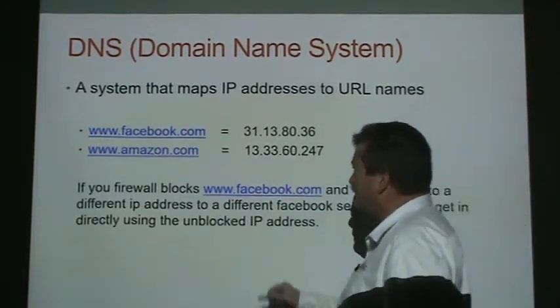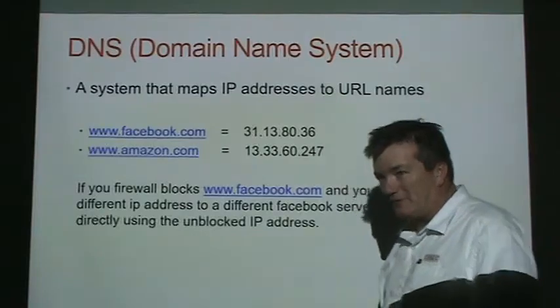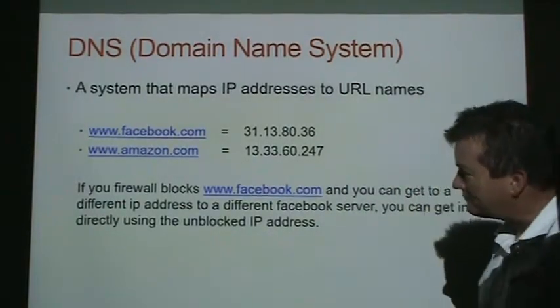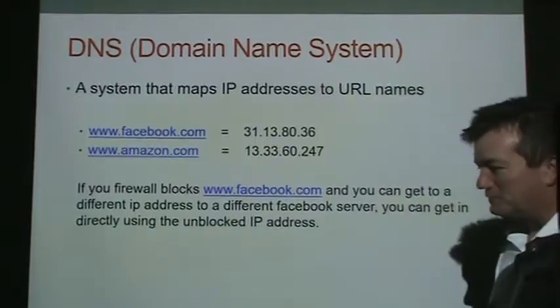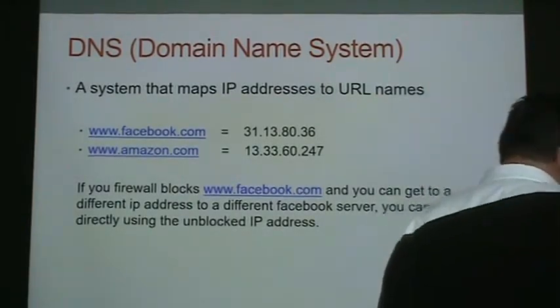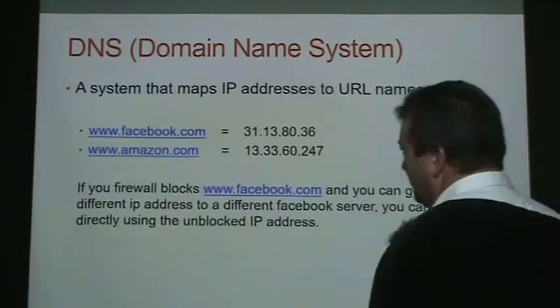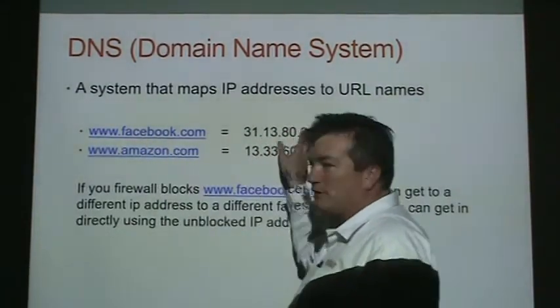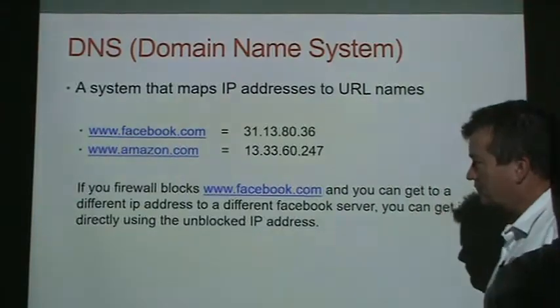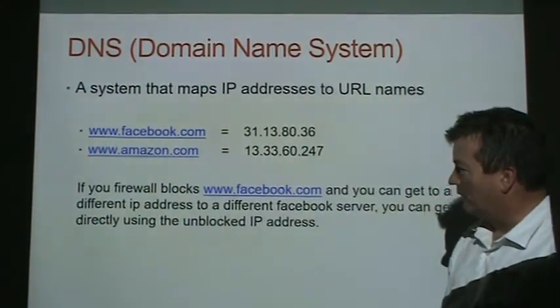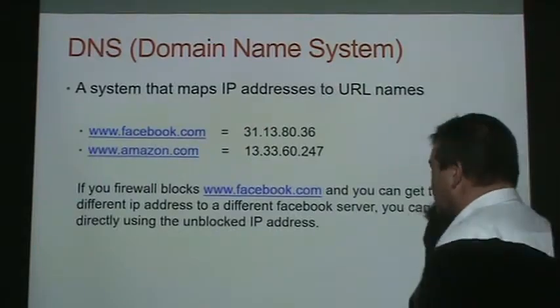So it's usually better to find all the IP addresses of Facebook and then block all of those. Don't just block Facebook.com. So yeah, one little side note about DNSs and using that. It works fine if it's a website that only has one IP address. Then you can block it by the URL or the IP address, either way.